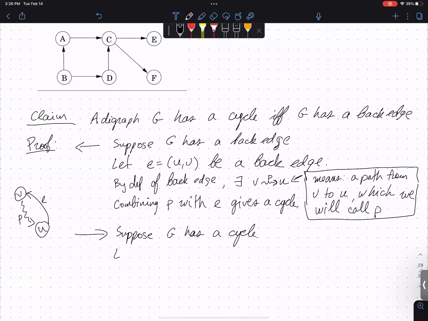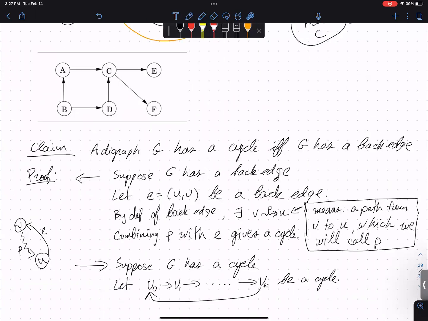Let's give it a name. Let V0, V1, dot dot dot, VK, and then back to V0 be a cycle. Now we have to show that there is a back edge.